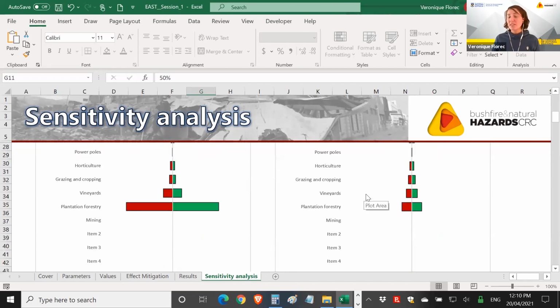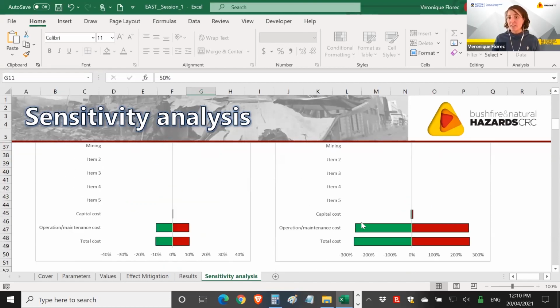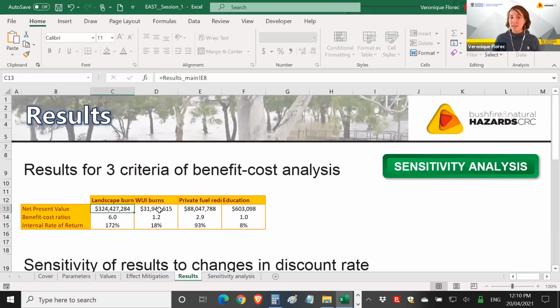A lot of the time they tend to be quite expensive because of that. But any changes in those costs, and this is quite important to see, could change the results that I have here quite significantly.